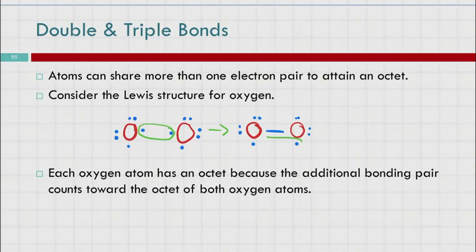So they will form another bond, and that becomes oxygen double bonded. So we've got 2 lines now, each line equals 2 electrons. So we've got 4 electrons in the bonds, and each of our oxygens also has 2 lone pairs.